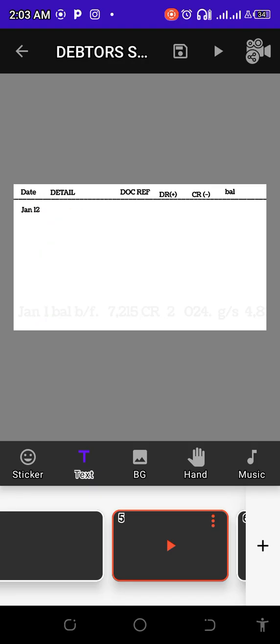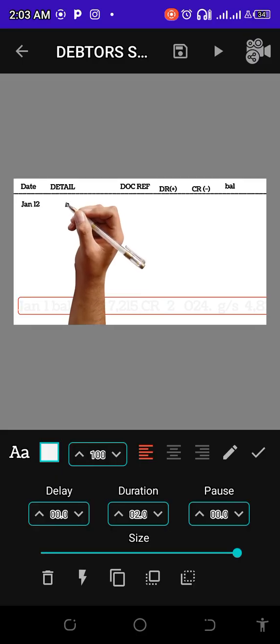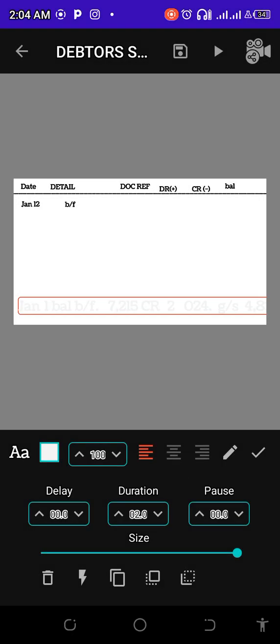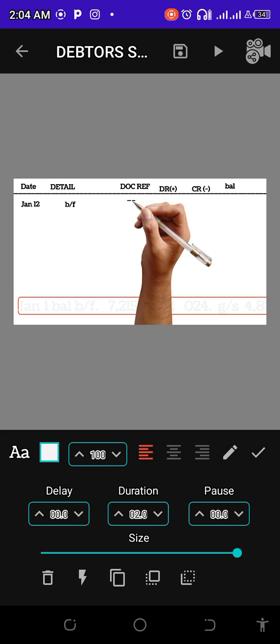What we have there by January 18 should be goods supply, 6,325. Yes, 6,325. No, that is a mix-up.